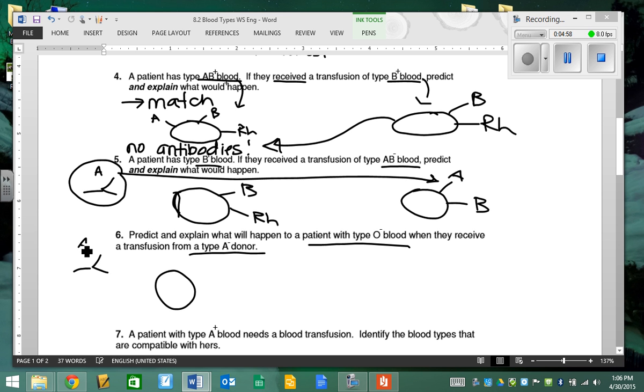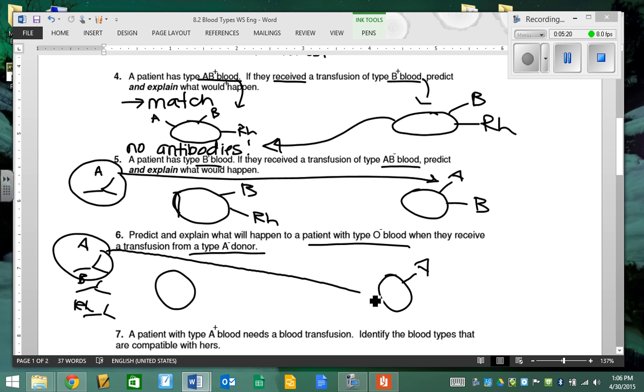That means that they have the A antibody, the B antibody, and the Rh antibody. Their blood will attack any of those antigens. So when my donor, who has type A negative blood, which would be like that, is mixed, this antibody is going to agglutinate with those red blood cells. So it is not a match.